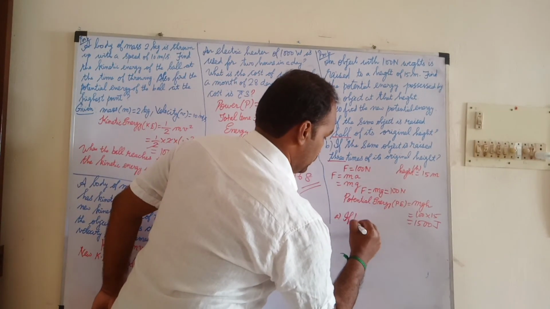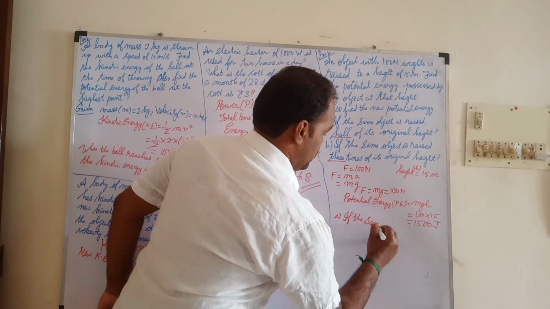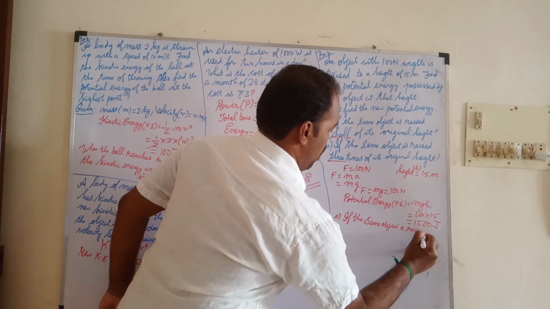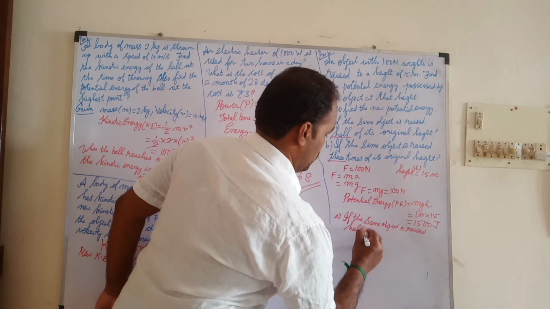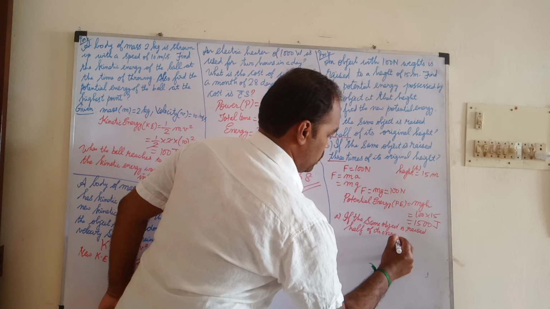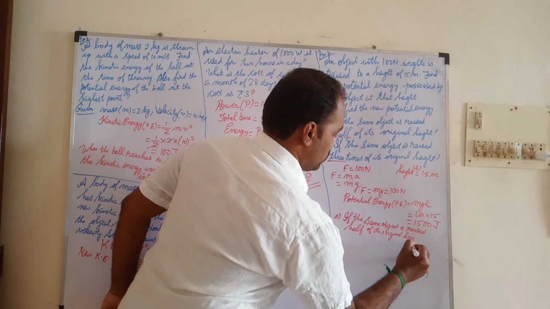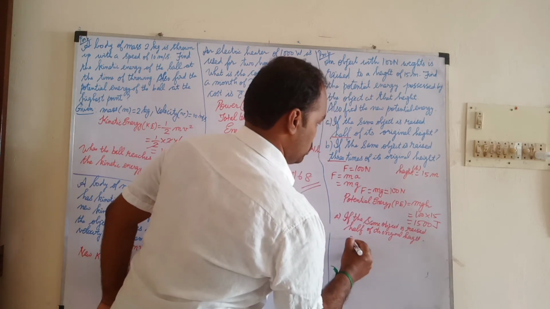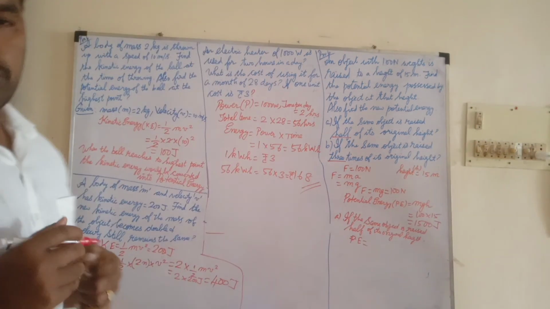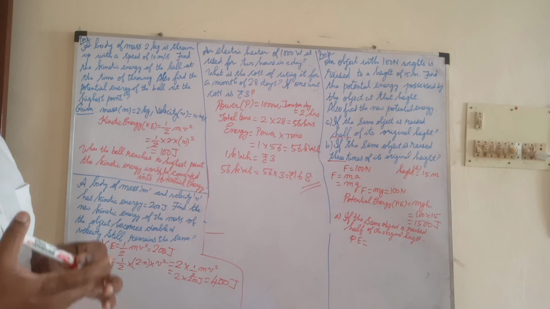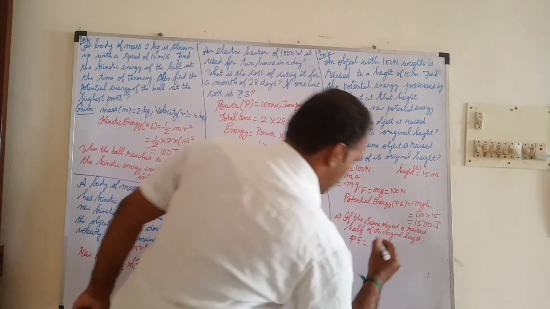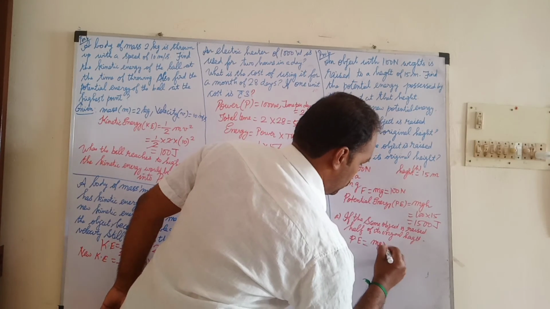If the same object is raised half of its original height, how much will the potential energy come? Potential energy equal to 1500 joules originally, mg into h. Correct? mg is 100, into height.